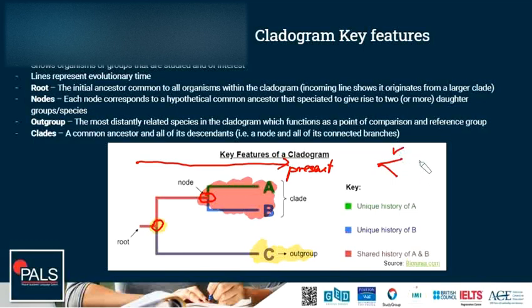They never converge. They don't come together. We don't see that. Two species never fuse into one species. Once two species exist, they continue to exist until they eventually go extinct, but they will not fuse into a single species. So lines always diverge, they never converge.